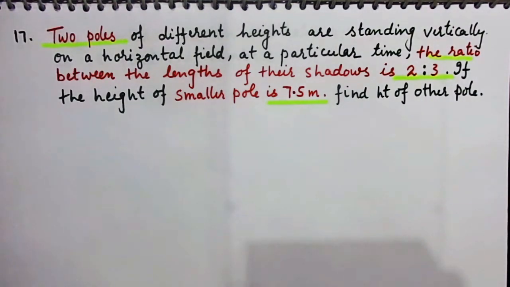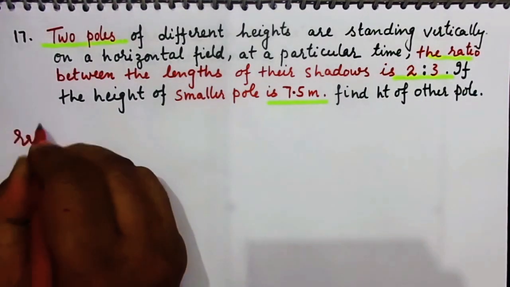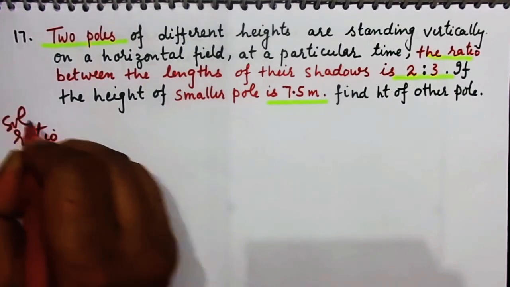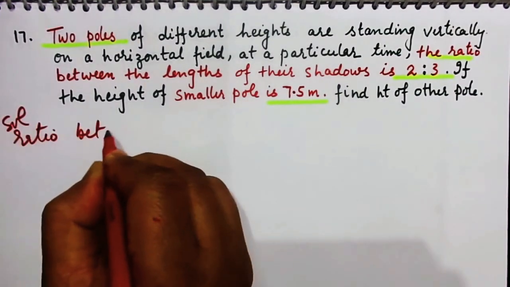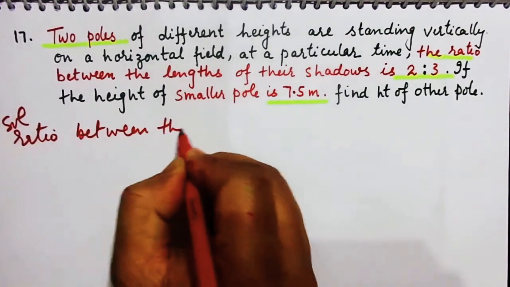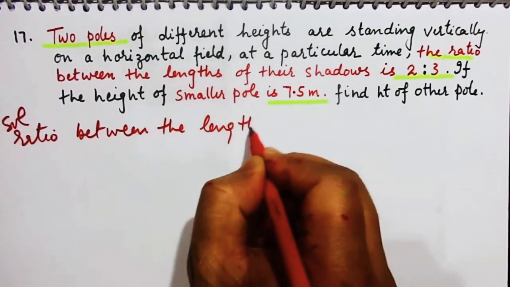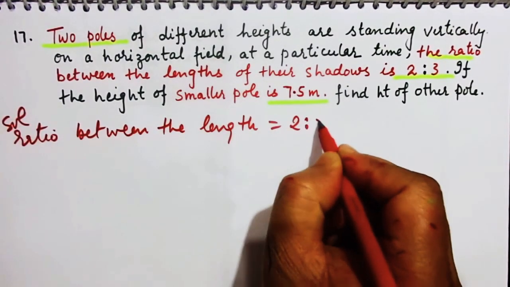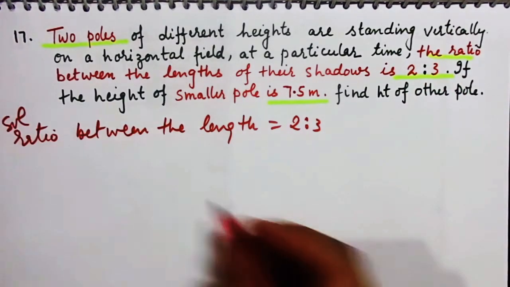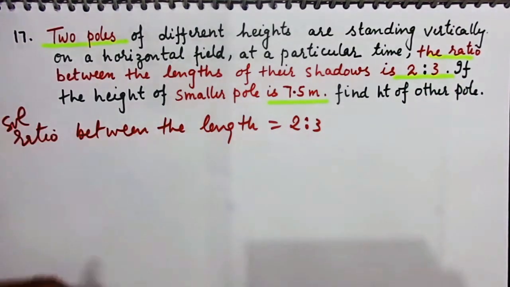So the ratio between the lengths is equal to 2:3. They have mentioned it.